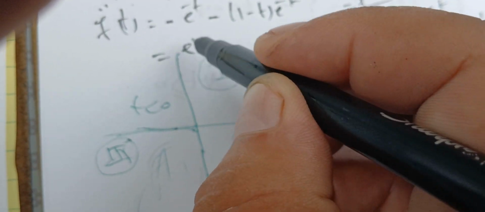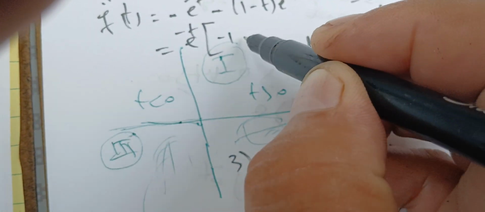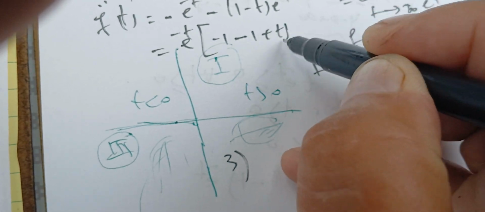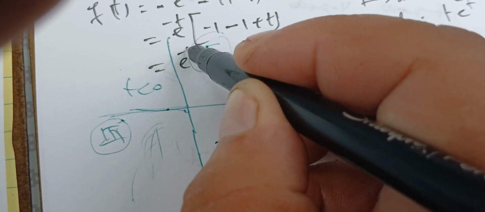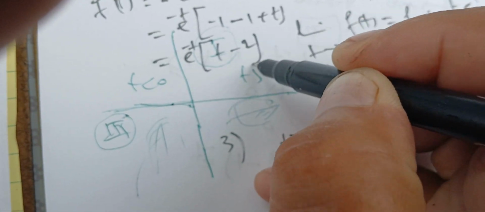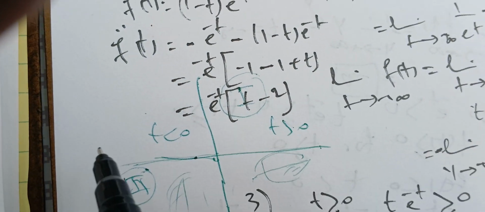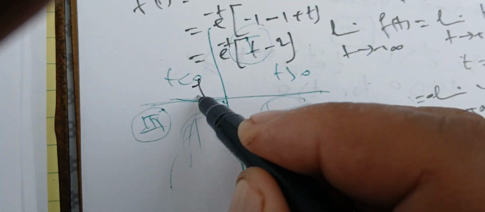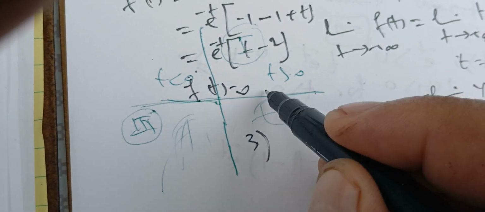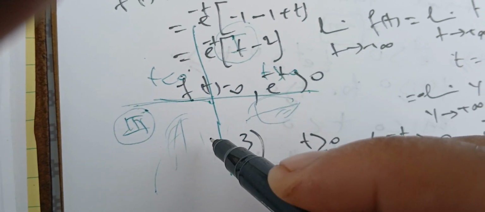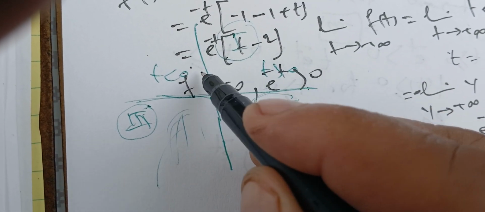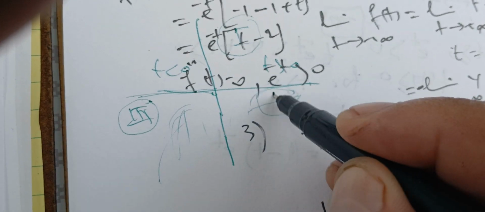Once I get all that, I have e to minus t times (t minus 2). So this is my second derivative. I need to set it equal to 0. Here e to minus t is never 0, and the only option that makes f second 0 is t equals 2.